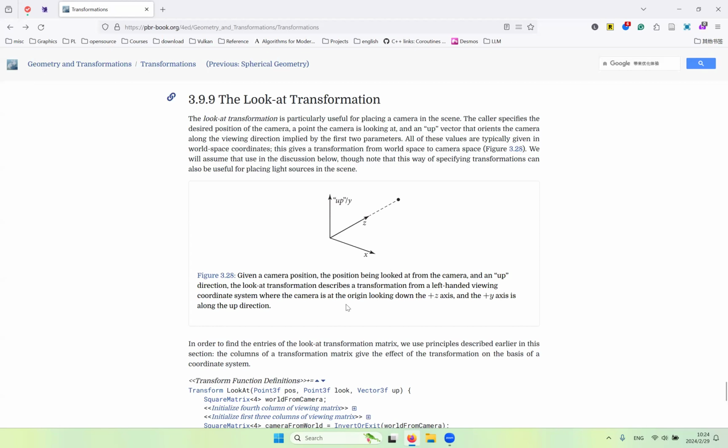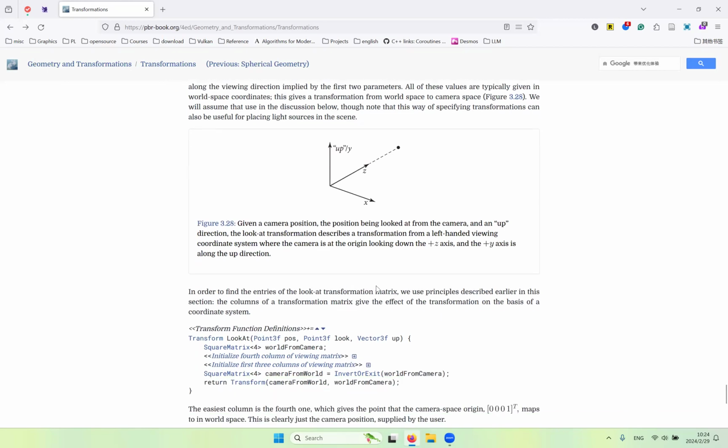That's what you get out of a lookat function, a 3x3, well, actually 4x4 matrix. Sorry, that's just my opinion.